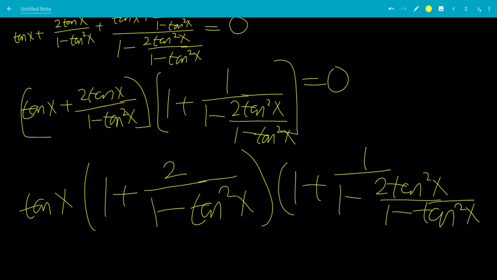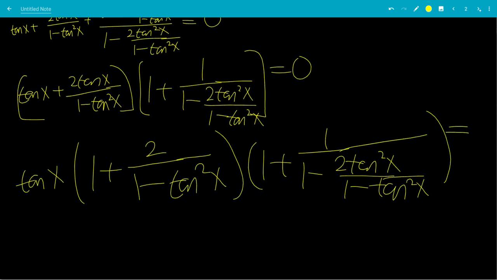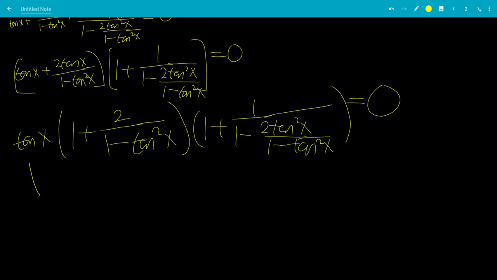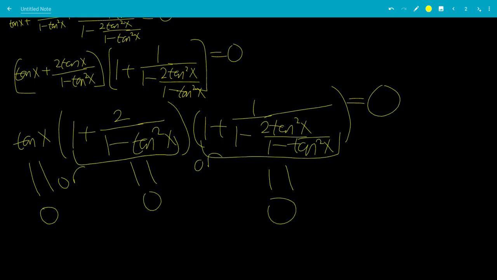I haven't simplified this yet, but we'll get there, equals 0. So when are 3 factors multiplied together equal to 0? When each of them equals 0, or. So that means that this tangent x equals 0, or this equals 0, or this equals 0.